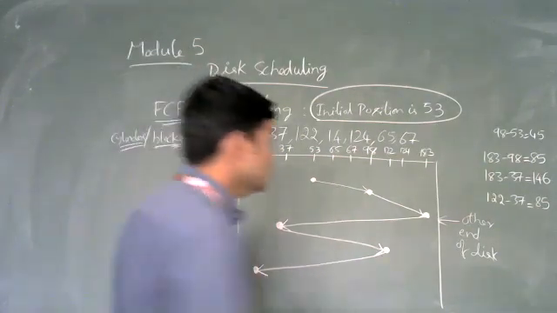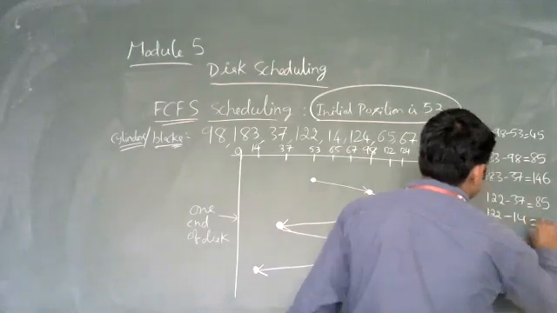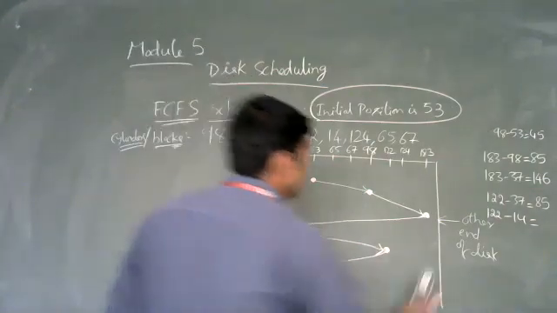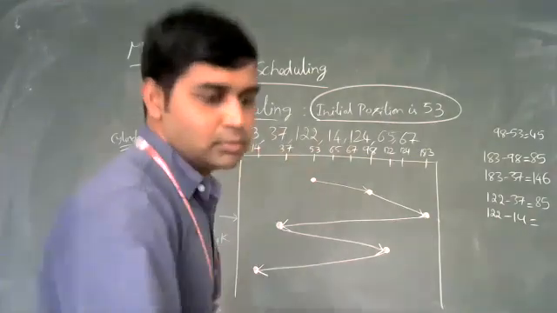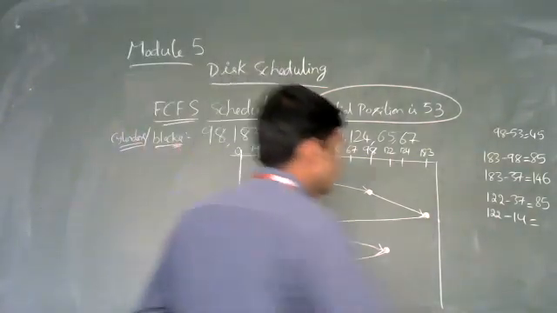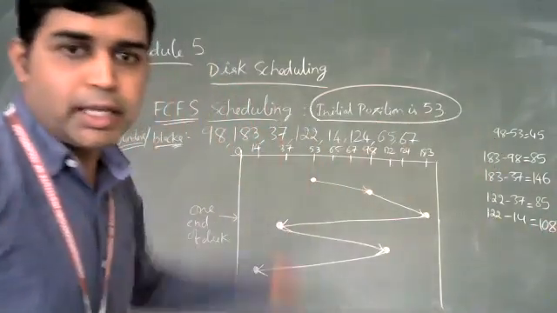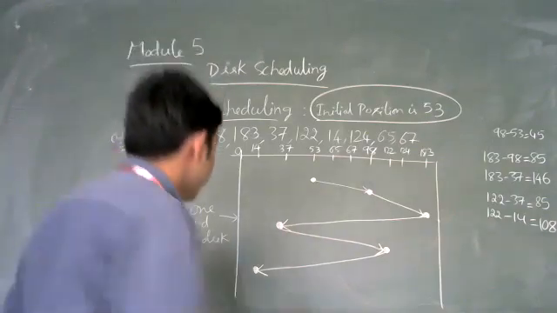What is the distance? 122 minus 14, which is 108. Okay, next, which is the next cylinder number? 124.